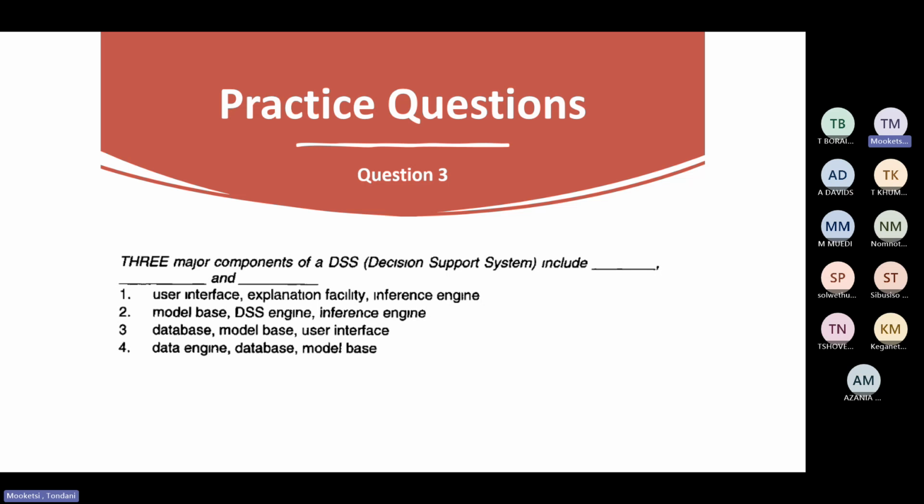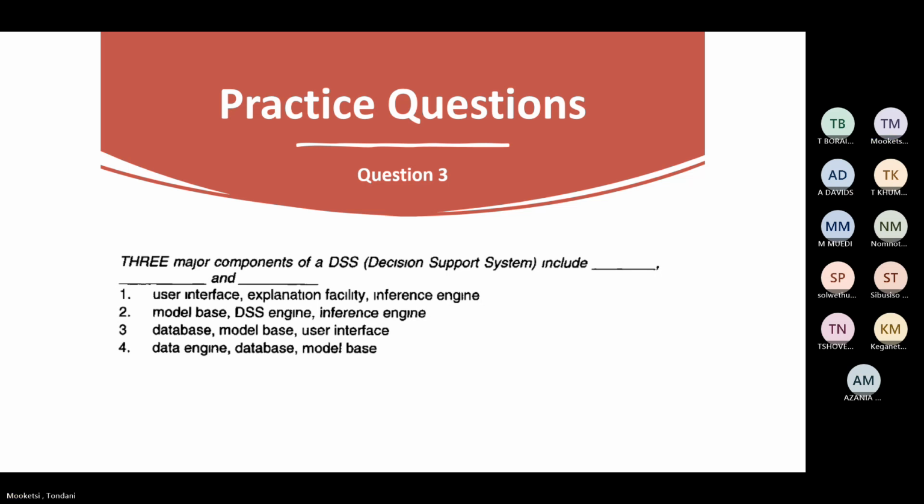So if we look at the 4 options given here, we can eliminate option 1 because it is clearly not correct. Explanation facility and inference engine are not part of a DSS. And then model base and DSS engine, those 2 are correct, but inference engine is not correct. That's why we can't choose option 2.